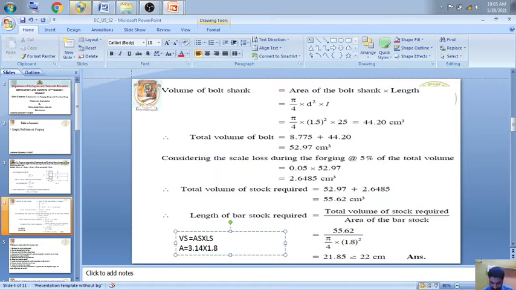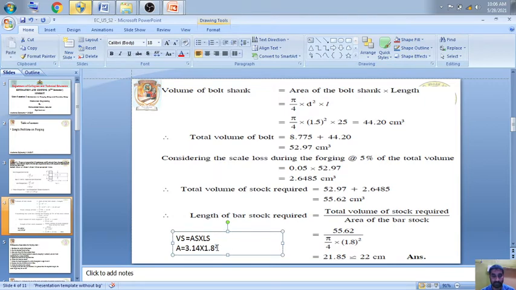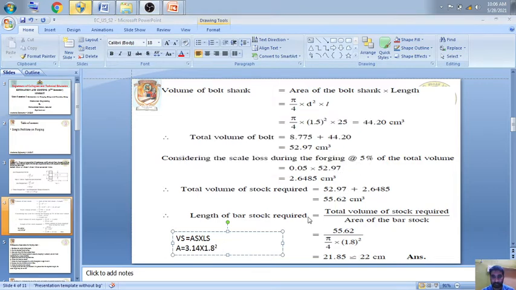1.8 square, multiplied by 3.14, divided by 4 gives you the area.